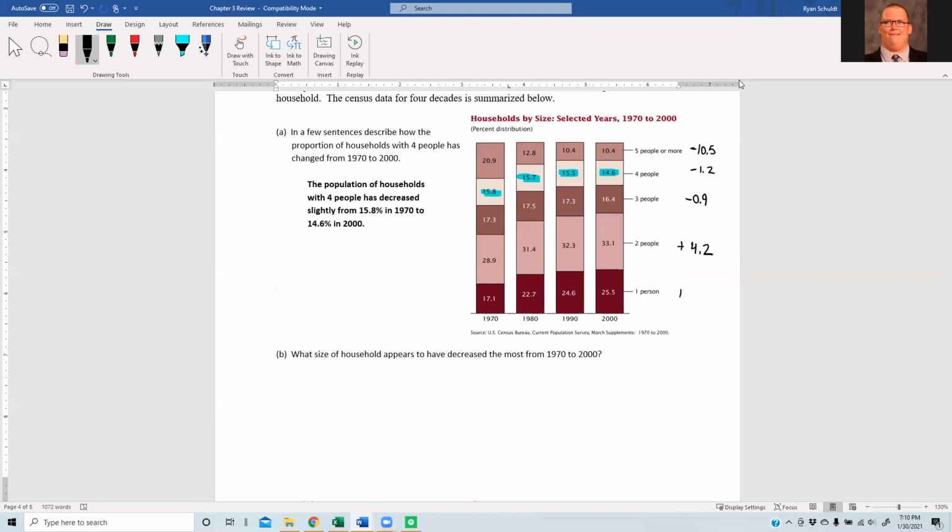This one went up 8.4. So I would say that the 5 people or more seem to have the biggest hit. If you look at the decrease, it went down 10%. It lost 10 percentage points. So that's what we can say.